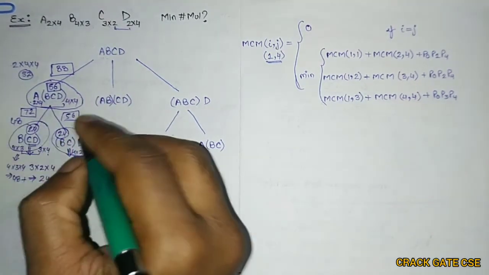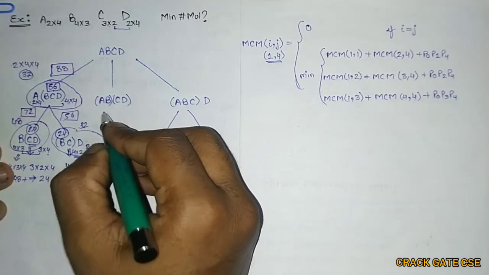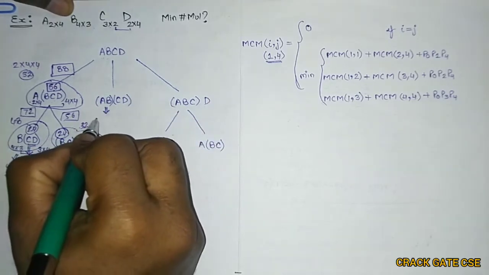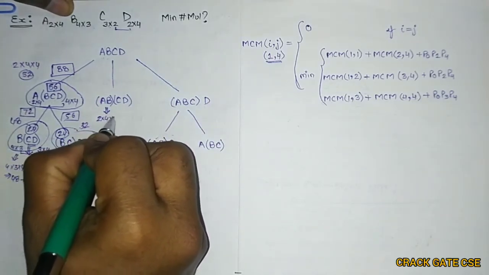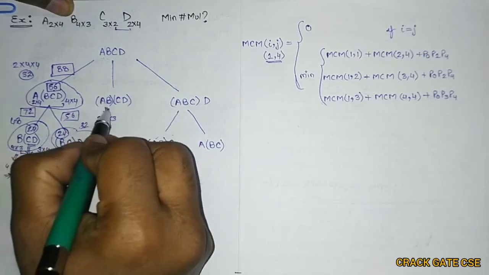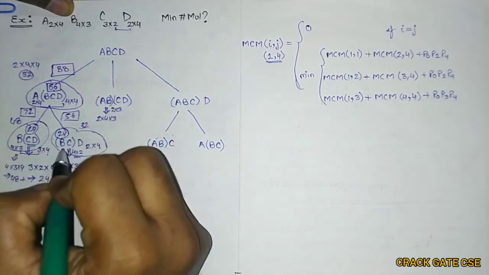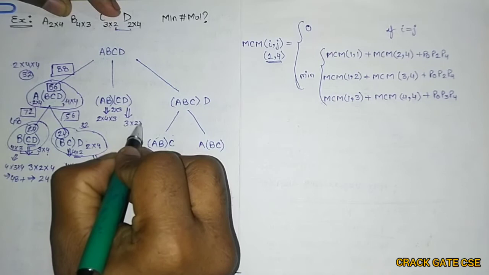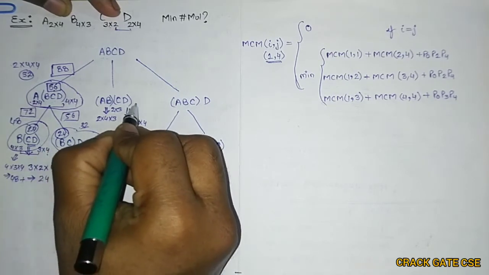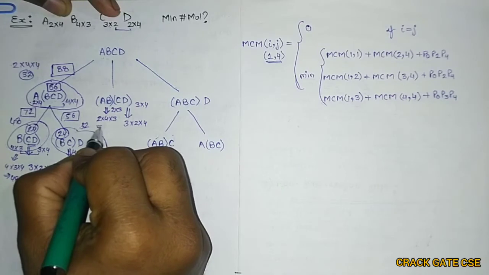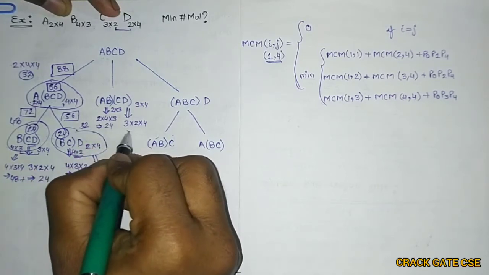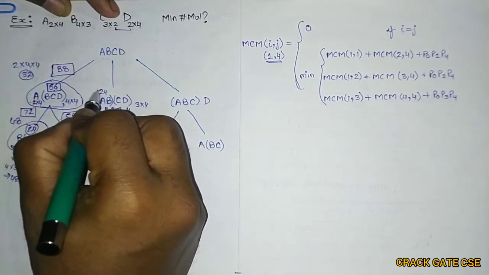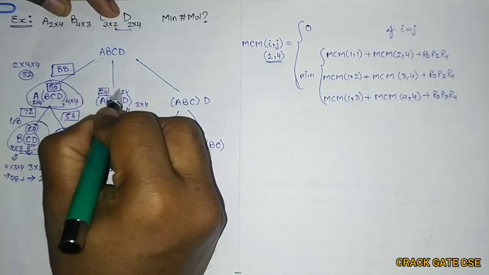Now go with the second approach, for AB. For AB, we require 2 into 4 into 3, and the dimension will be 2 by 3. Similarly, for CD it will be 3 into 2 into 4, and the dimension for CD will be 3 by 4. So it will be 24 for this AB, 24 for this CD.